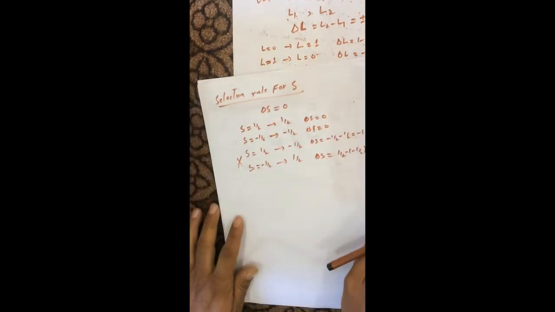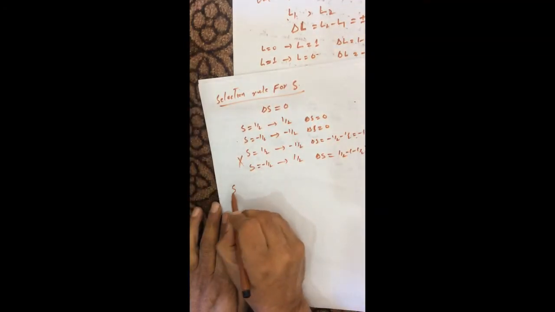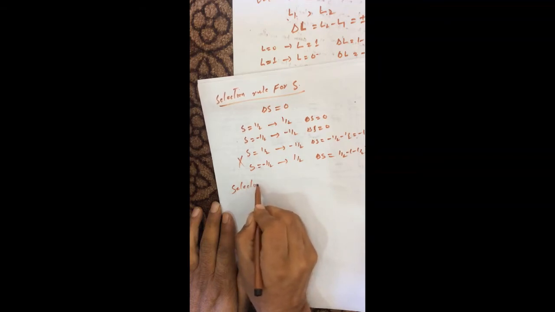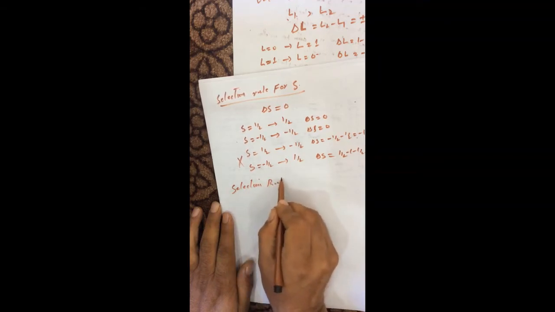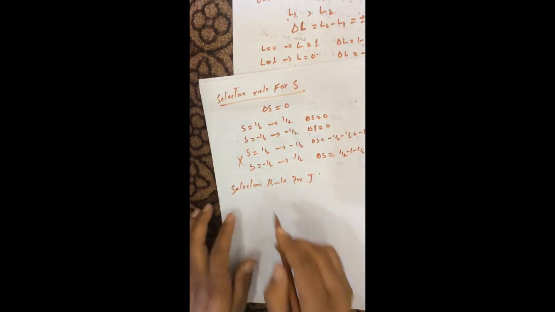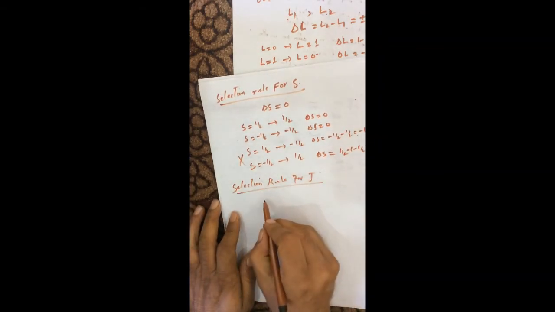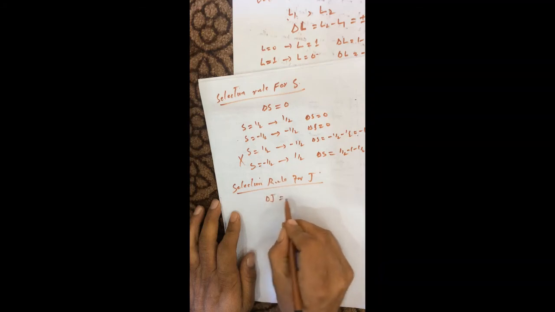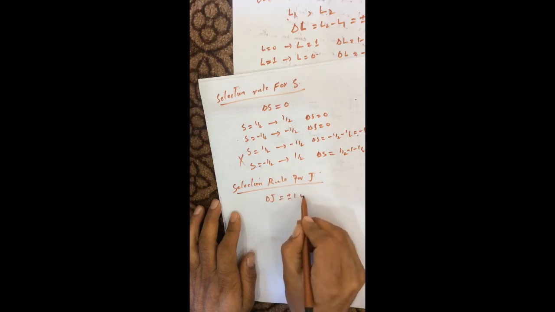Next we have the selection rule for total angular momentum. The selection rule is delta J must be ±1 or 0. The value of J changes in such a way that the difference should be either +1, -1 or 0.